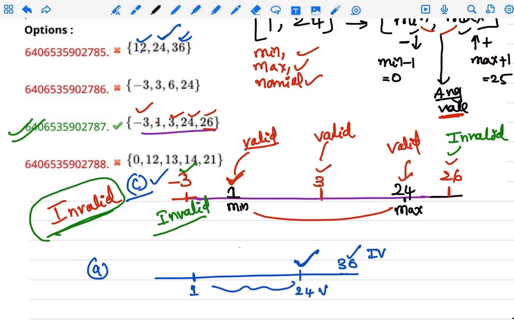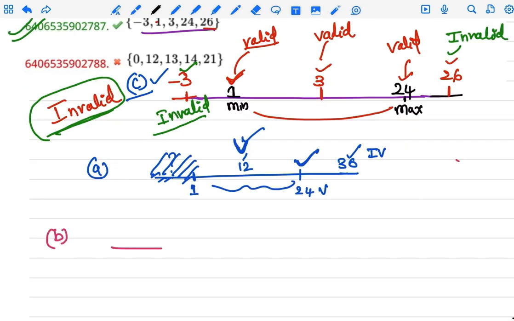But this region is not covered, the invalid region is not covered. Because of that, this answer is incorrect.